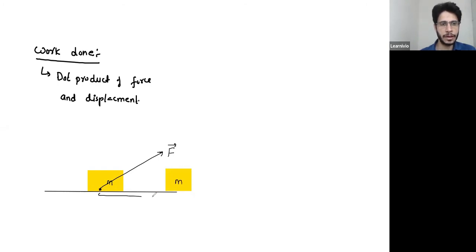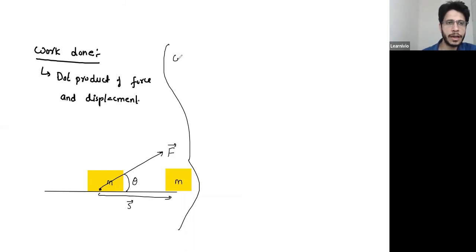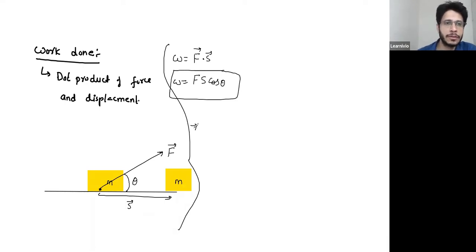It covers a displacement S in this direction. The angle between force and displacement is theta. So you can define your work done as the dot product of the force acting on the body and the displacement of the body. This dot product of force acting on the body and displacement of the body is known as work. If I open the dot product, then this will be Fs cos theta. This is the work.